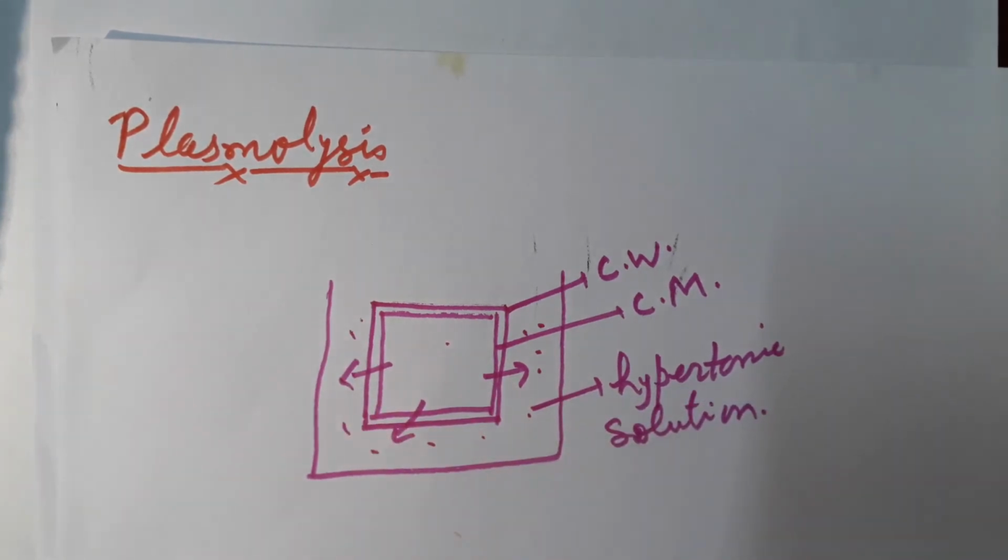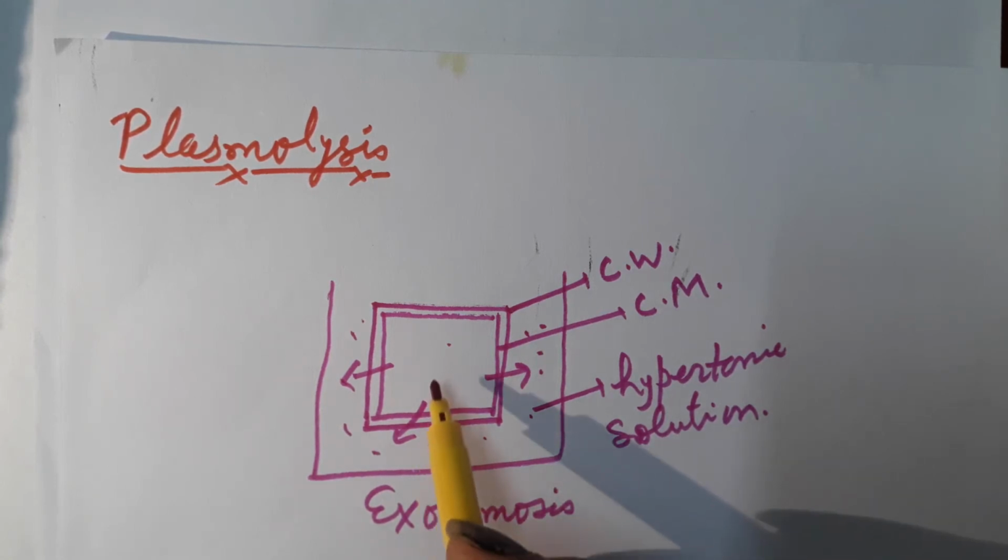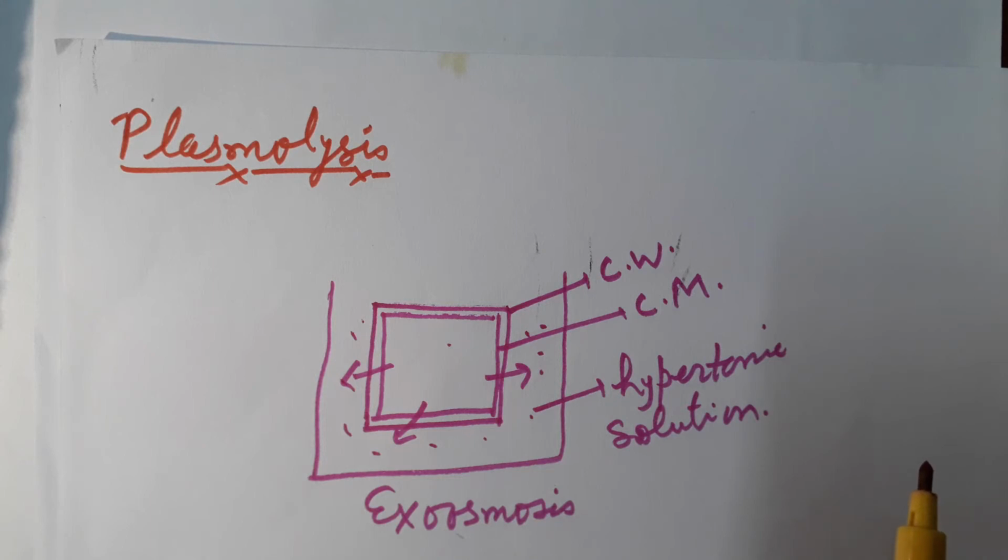Osmosis takes place, exosmosis takes place in this process, and water starts coming out of the cell into the hypertonic solution. This process is known as exosmosis.